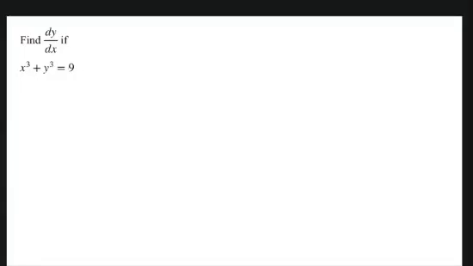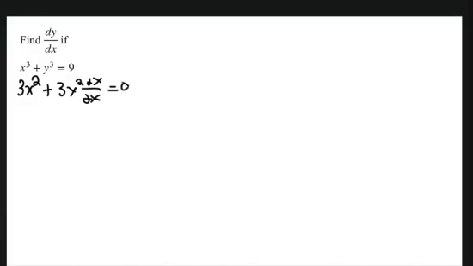Okay. So we're going to find the derivative of x cubed plus y cubed equals 9. So same idea, but now with cubes. So we're going to have the derivative of x cubed, which just gives 3x squared. And then the derivative of y cubed gives 3y squared dy/dx, and the derivative of 9 is 0.